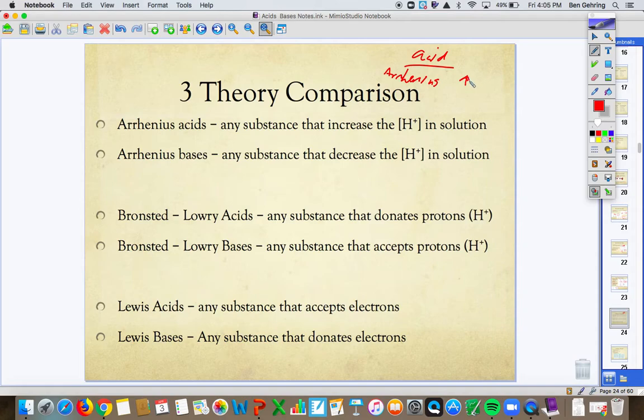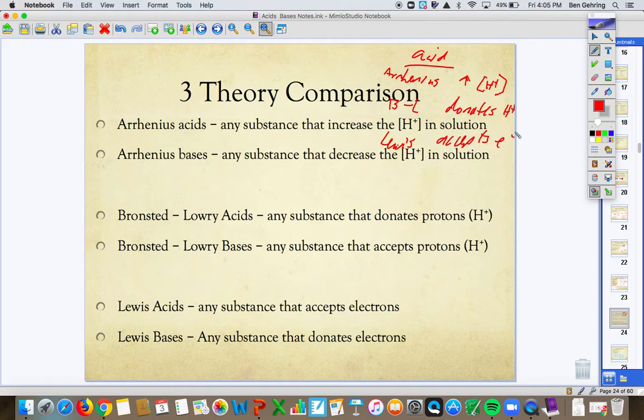If you have a Bronsted-Lowry, which is called BL, it donates a proton. And then Lewis acids accept electrons.